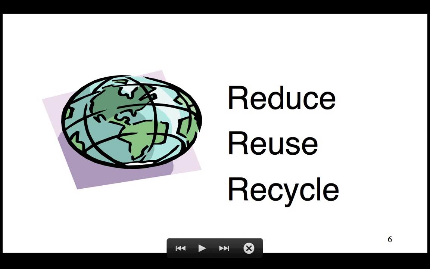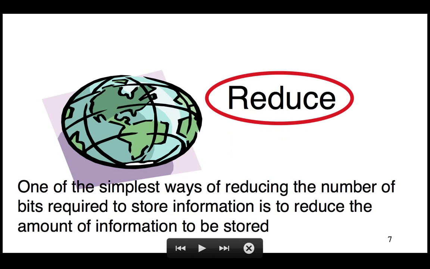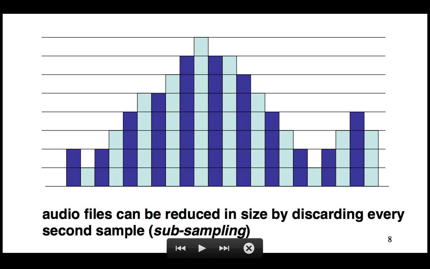So first thing I'm going to look at is how you reduce the amount of data that you have. In an audio file, for example, we would have a number of samples. When you're digitizing something, every so often you look at the analog value, you record it, and you assign it to one of these quantization levels.